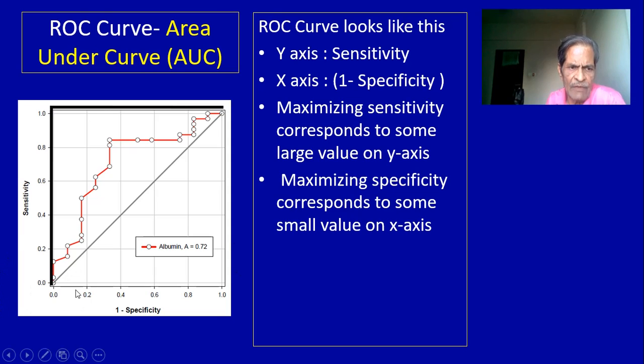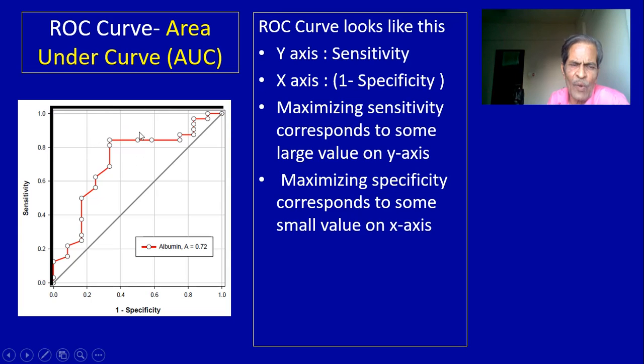So for the cutoff point that has been selected over here, there is the highest specificity and the lowest sensitivity. At this point, we have the highest sensitivity and the lowest specificity.